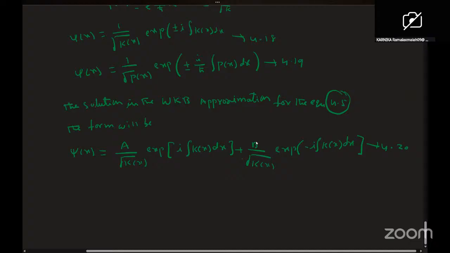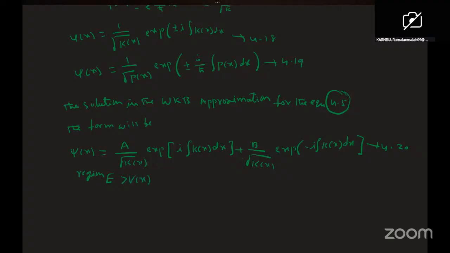The positive exponential and negative exponential correspond to waves propagating in the positive and negative directions respectively in the allowed region, E greater than V of x, which is called the classically allowed region.